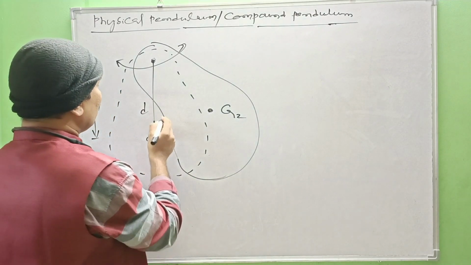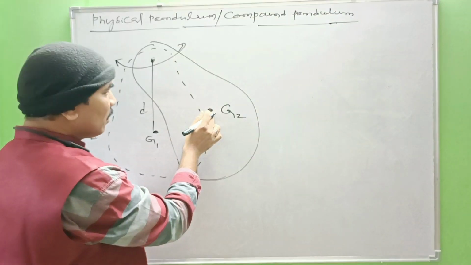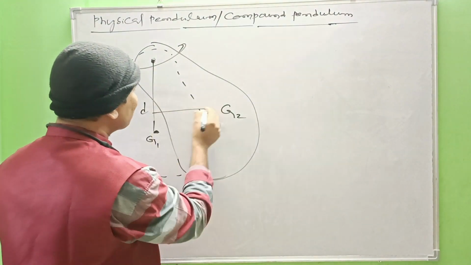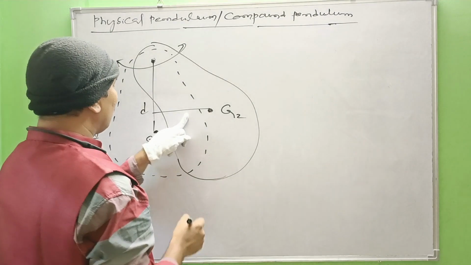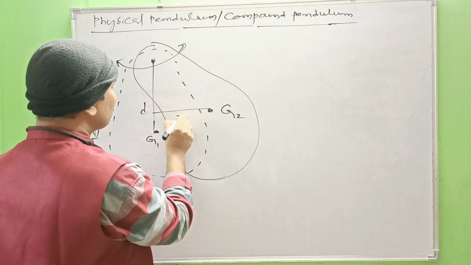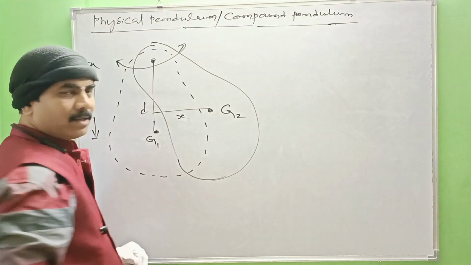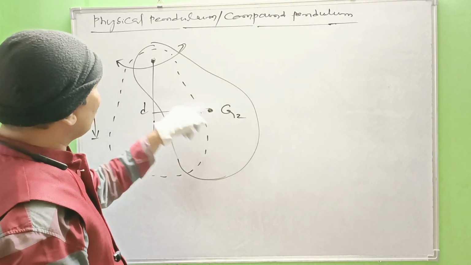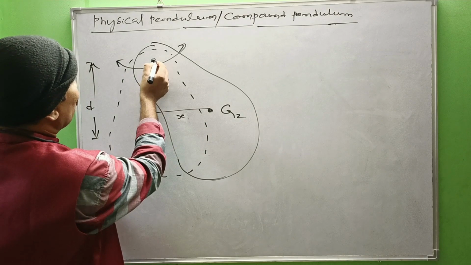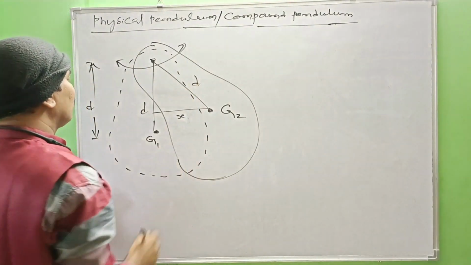Now the center of gravity moves through a distance x, horizontal, from this vertical. Let x be the horizontal distance moved by the center of gravity. Now, what is the distance of center of gravity from the hinged point? This will be D again.